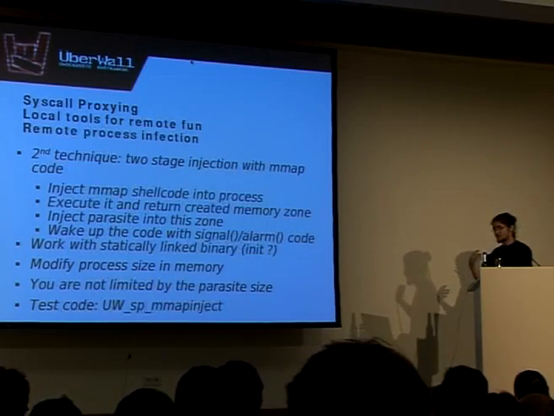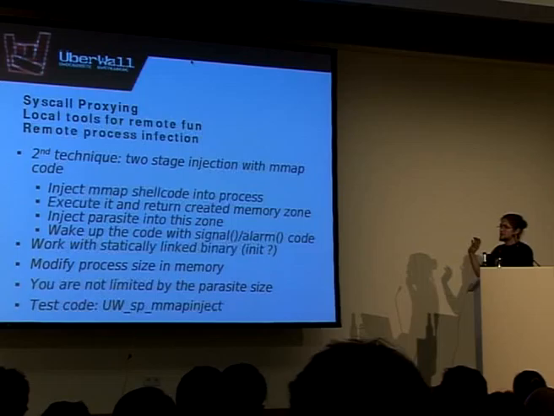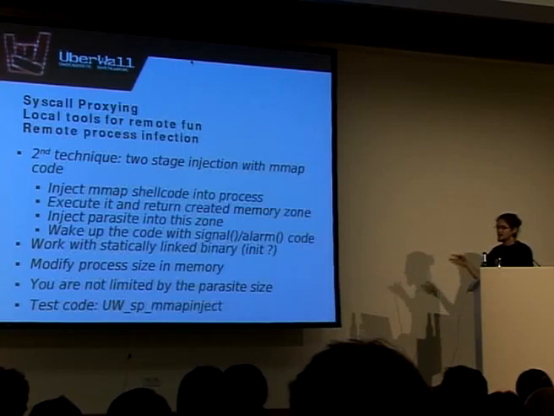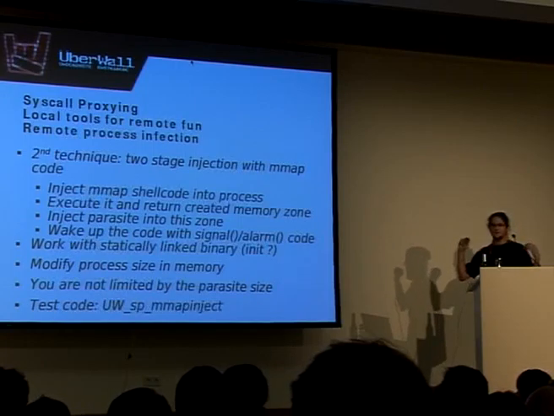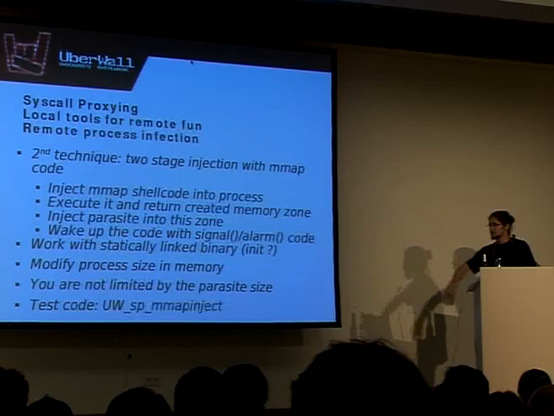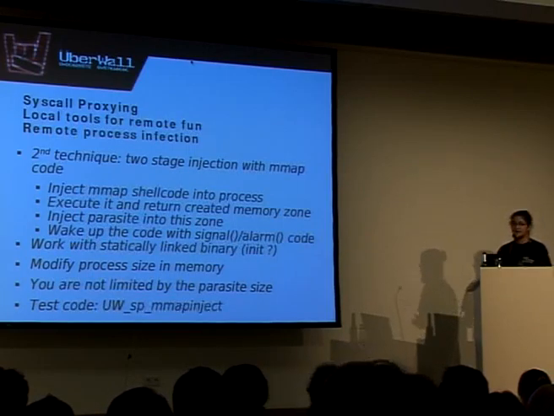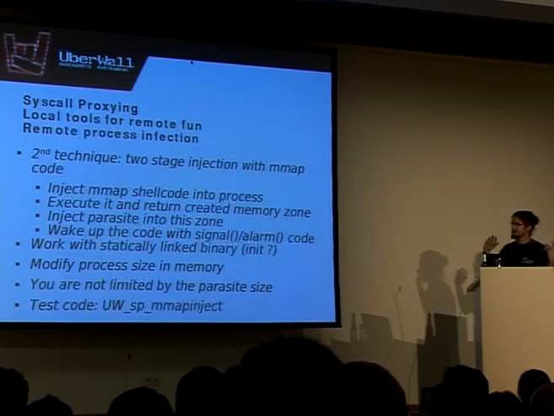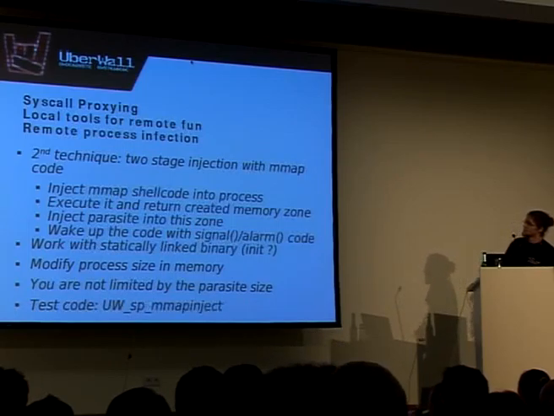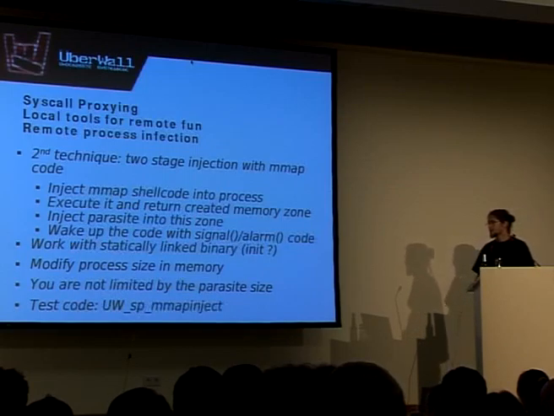You can inject your parasite into this zone. You wake up your parasite with signal alarm code, which is really basic. You don't need any GOT hijacking or anything. The code just wakes itself every minute you want, no problem. And it works with statically linked and dynamically linked binaries as you want, like init, for example. We'll see later about init.